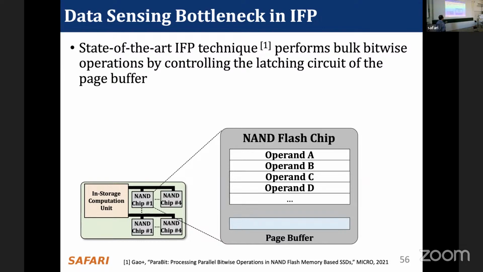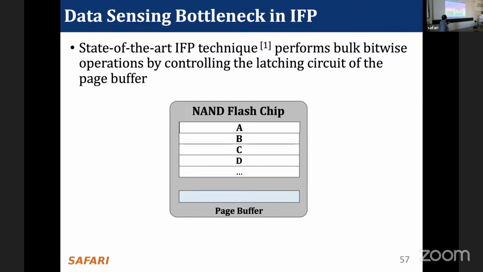The proposal we had in ParaBit in MICRO 2021 is actually a nice work. They basically control some latches that we have internally inside the flash chip, like the C latch and S latch. I'm not going over the details of that. You can check the paper if you want, and we can also discuss it offline if needed. Basically, you can do computation by doing serial data sensing.